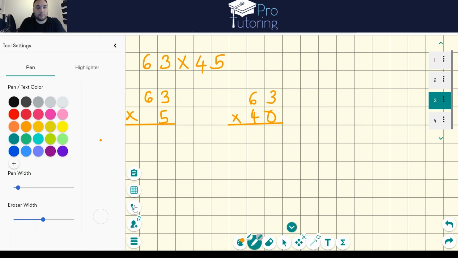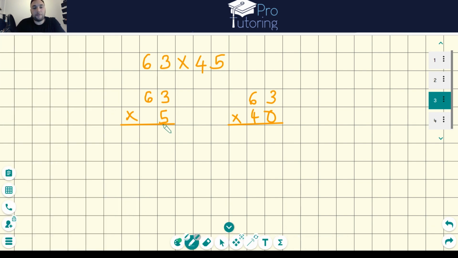So let's pick a nice new color for this. Let's go for this lovely green. Okay, so first of all, what we do is forgive my ruler. Come on, there we are. We do 5 multiplied by 3, which is 15.